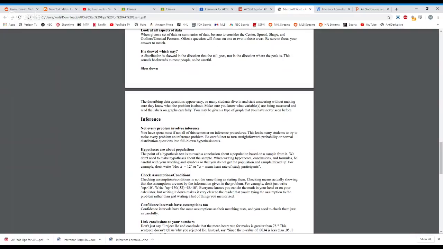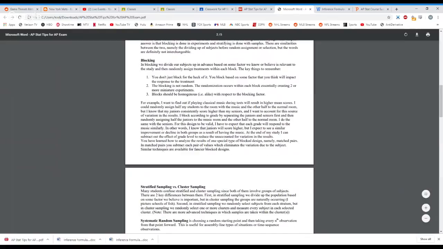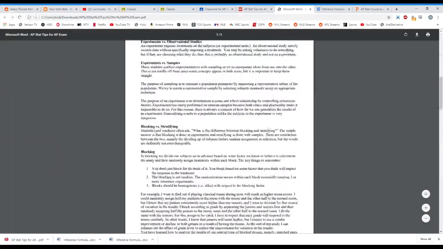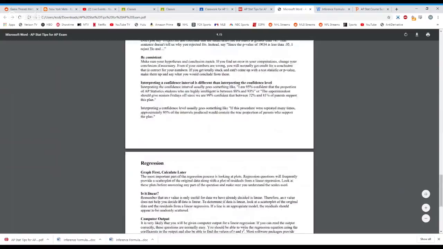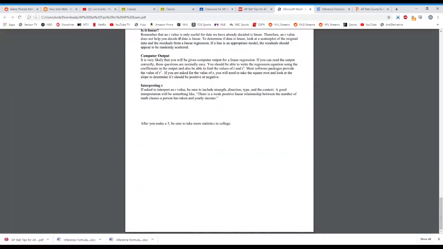If you mean the formula sheet, I don't know, I think that's on there too, actually. Guys, you're probably good at this point. Unless you have some specific questions, you're going to do just fine.